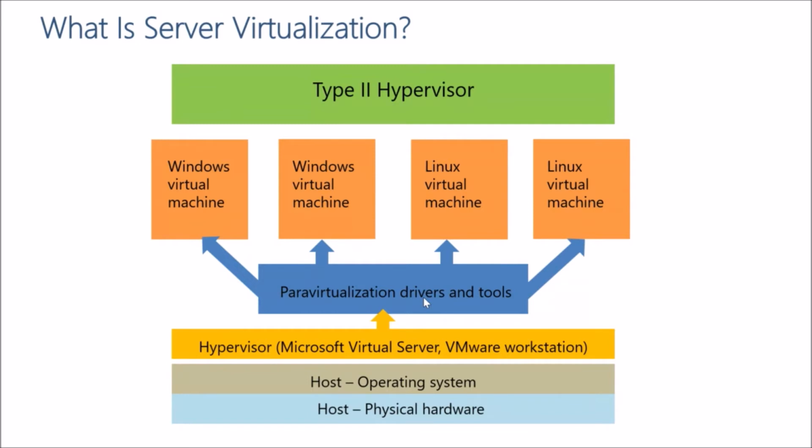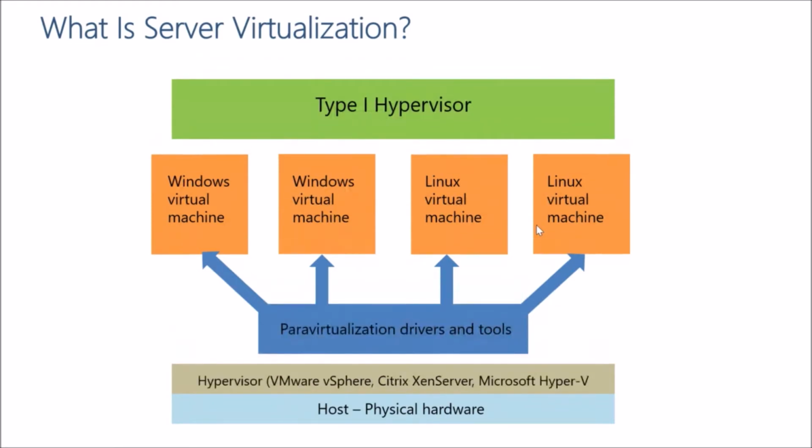Then we've got a hypervisor installed, and for you guys it's probably going to be VMware Workstation. And then we have virtual machines running on top of that. So this is what's called a type 2 hypervisor or hosted virtualization software. That's what we usually refer to as desktop virtualization.